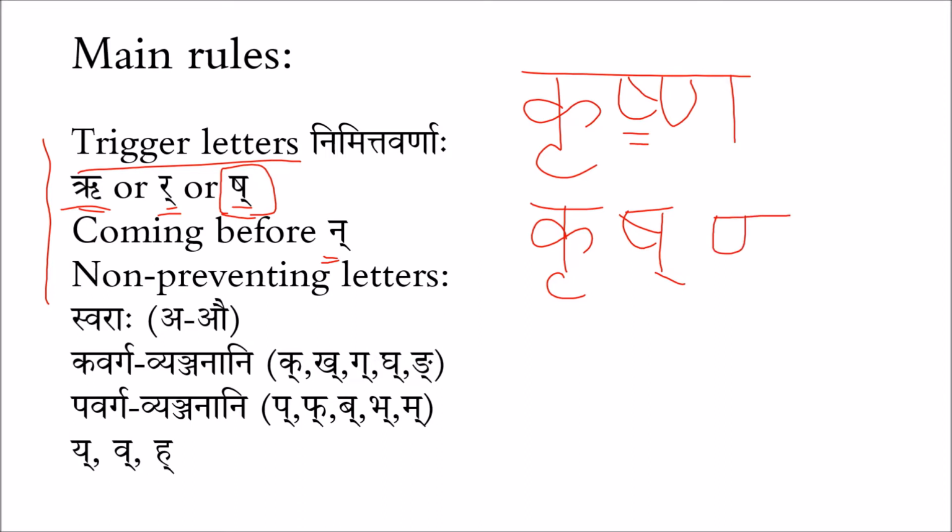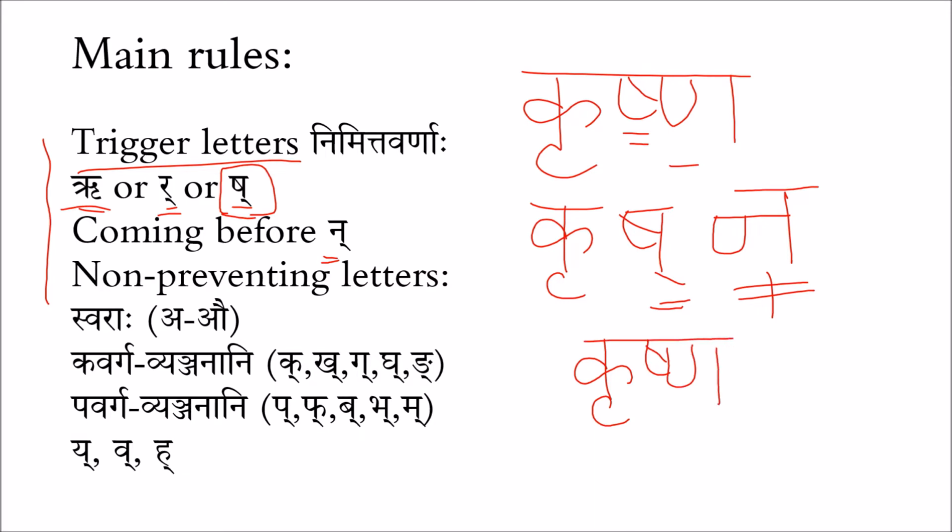Originally the suffix came as Na. Again, because of this trigger letter Sh, this changes to Na. So we have Krishna. So this is the first rule, that before Na in a word, if one of the trigger letters is present, then that Na changes to Na.